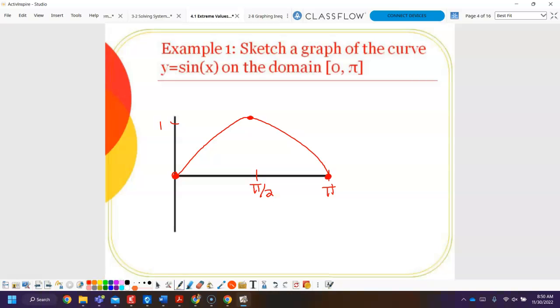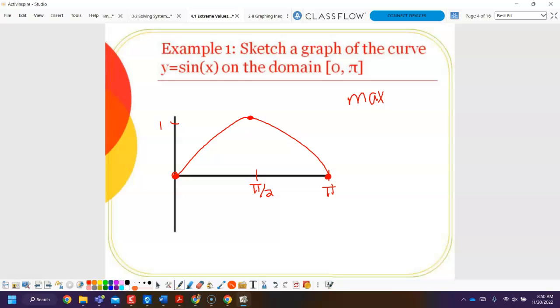So if we sketch that curve, what could we say about sine on that restricted domain? If the domain is limited to just 0 to pi, does that graph have a max? And if so, where?